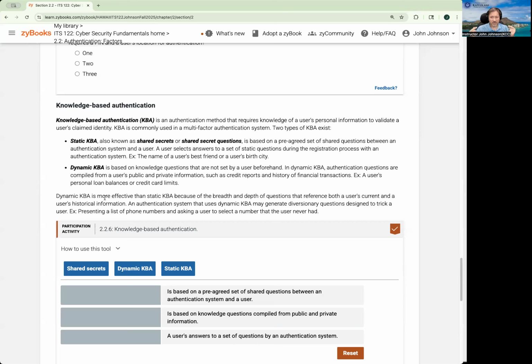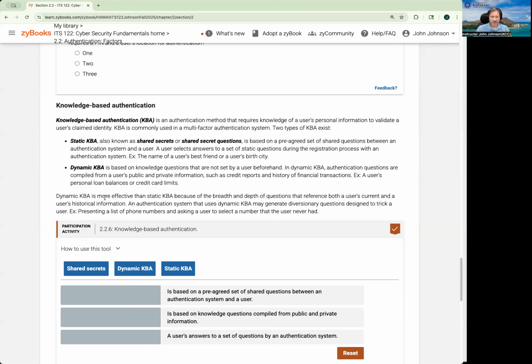So then there's something called dynamic KBA. Dynamic KBA is knowledge-based questions that are not set beforehand with the user. Those can be based on some of the user's public and private information, like credit reports and history of financial transactions. For me, this would be hard because I don't actually know what my balances are on credit cards or personal loans.